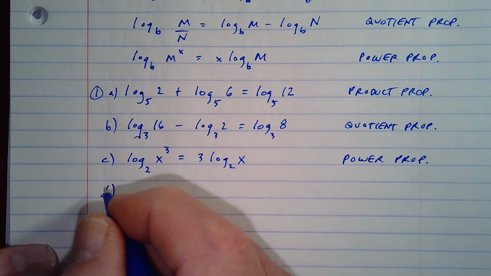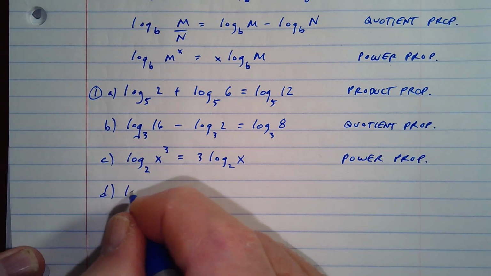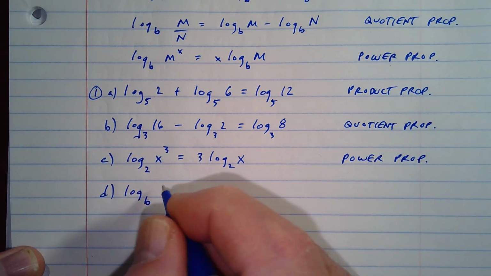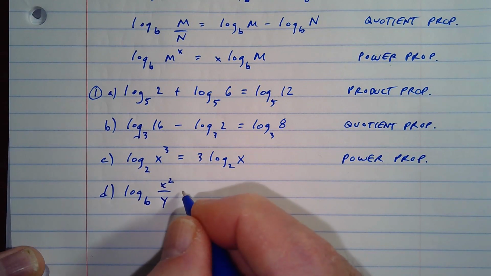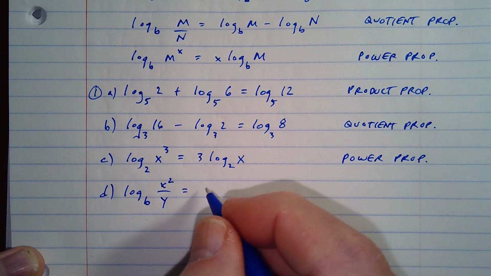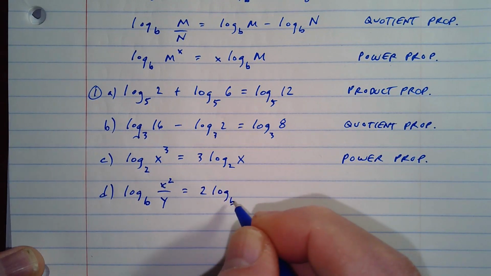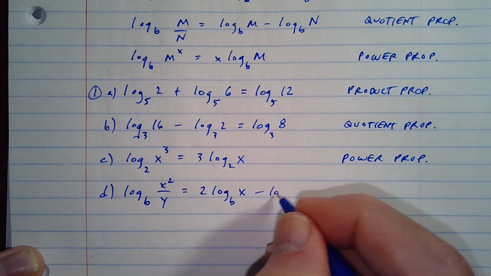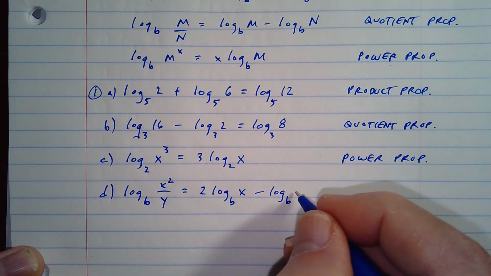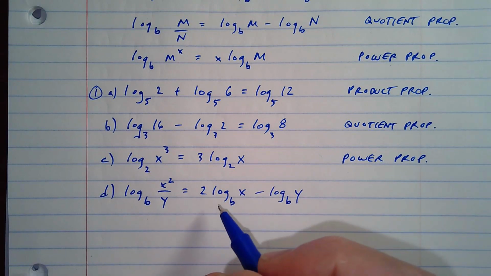Do a couple more of these. This next one will have log base b of x squared divided by y, and that's going to be the same as 2 log base b of x minus log base b of y. Now this one actually does two things.